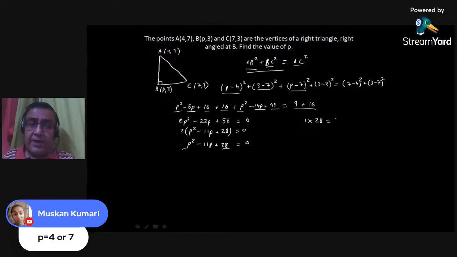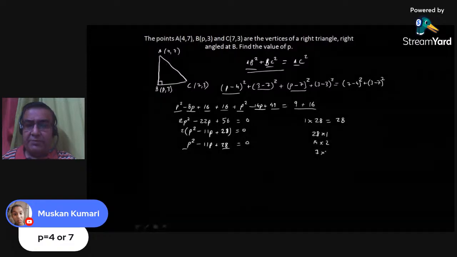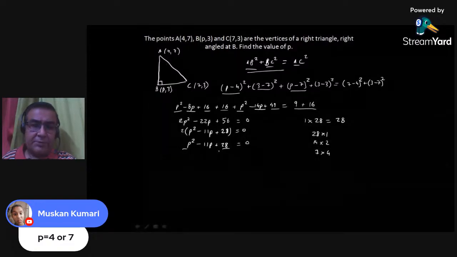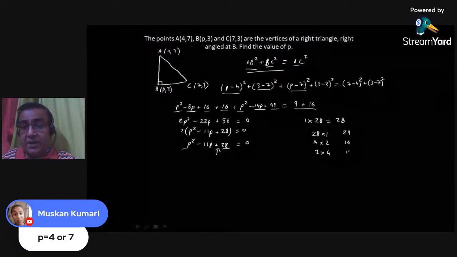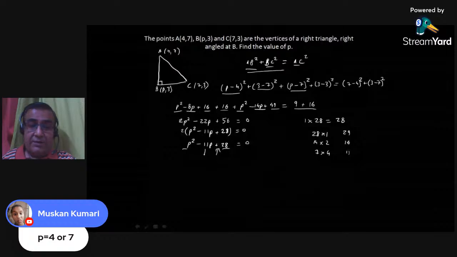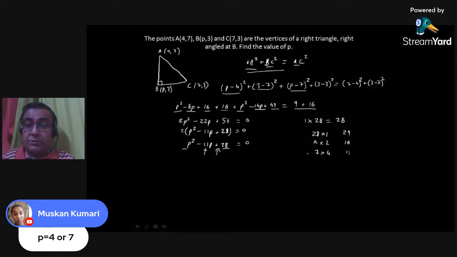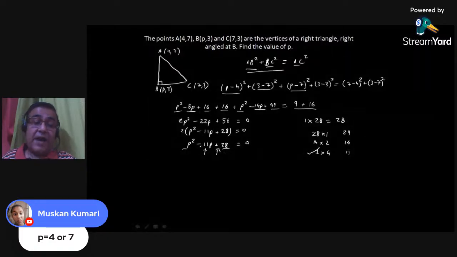It could be 14 times 2, or it could be 7 times 4. No other factor products possible. We look at this sign, that's a positive, so we have to add them. 7 plus 4 gives 11, and this one is 11b. So this is what we are going to use, and because it is minus 11p, both of them have to be negative. So let's do the middle term splitting.